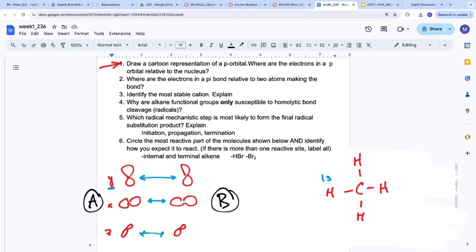Because that's all they got, that 1s orbital. And I would overlap it with what atomic orbital of the carbon atom? Okay, and to help you out, carbon's electron configuration, 1s2, 2s2, 2p2. What atomic orbital is being used to overlap with the hydrogen 1s orbital?